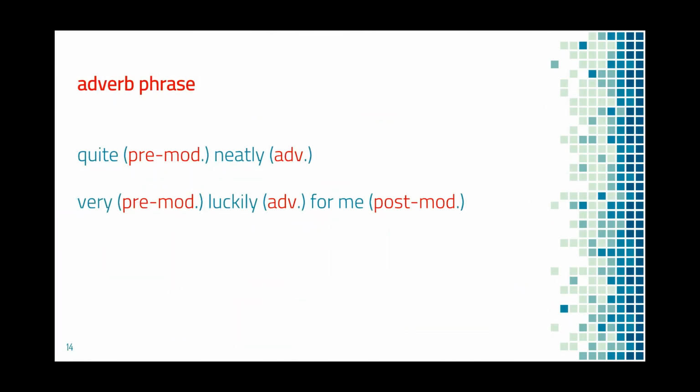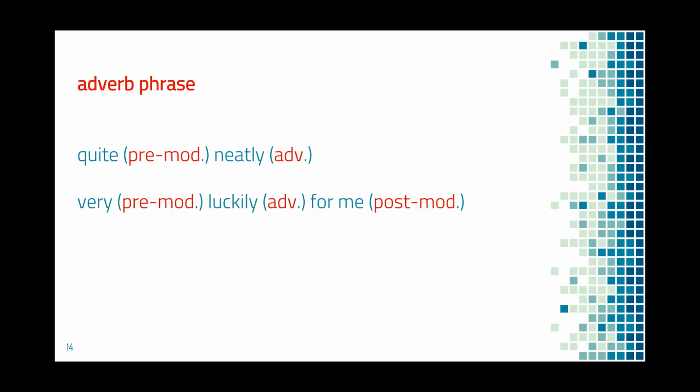The other phrase is called the adverb phrase. In the adverb phrase, the main word is an adverb. You also need to keep in mind that other constituents often appear in the phrase: pre-modifiers, which come before the adverb, and post-modifiers, which come after the adverb.